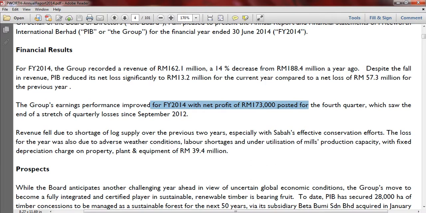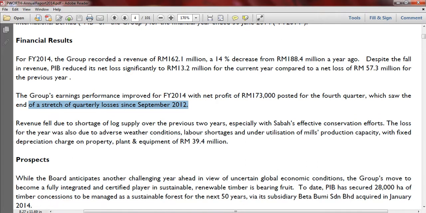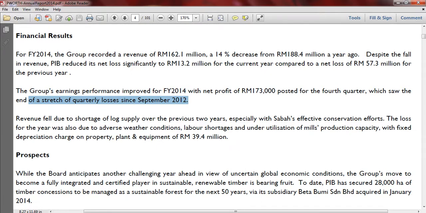Net profit for the fourth quarter, you can see there's something going on over here. We may have a look later on. The main reason is that revenue fell due to the shortage of log supply over the previous two years. Basically, this is not their problem.